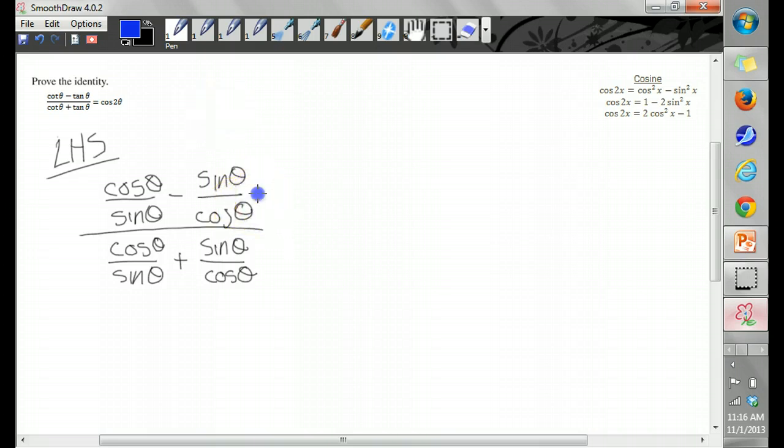In the numerator, I'll multiply this fraction by sine over sine, because that's what I see in the denominator over here. And then this fraction I will multiply by cosine over cosine. And then I will do the same thing with both fractions in the denominator, so that everything has the same common denominator.